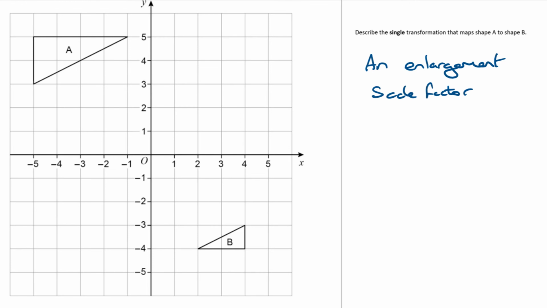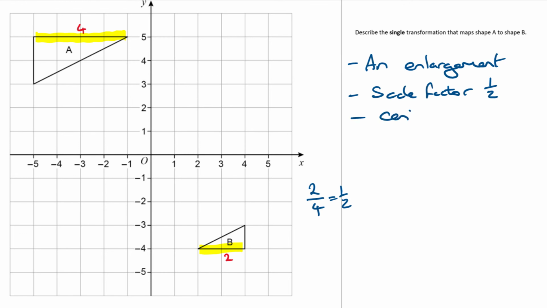Now if you have a look at triangle B, this line here along the bottom, that actually corresponds to this line up here on A. On A it is 4 units, on B it is 2 units. So then the scale factor is going to be the length of B divided by the length of A, which is a half. So it's a scale factor of a half. Okay, so it's an enlargement, it's a scale factor of a half. Your image is half as big as the object.